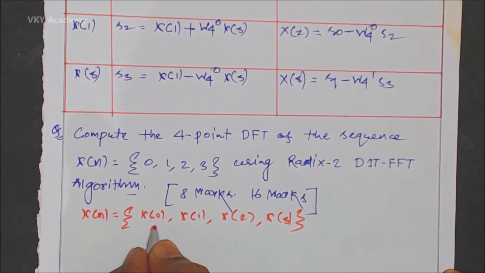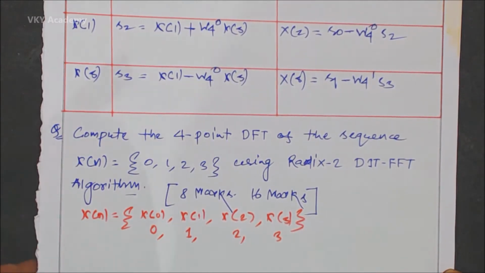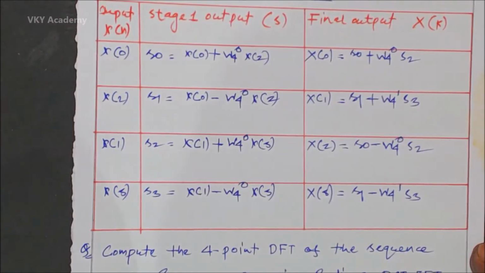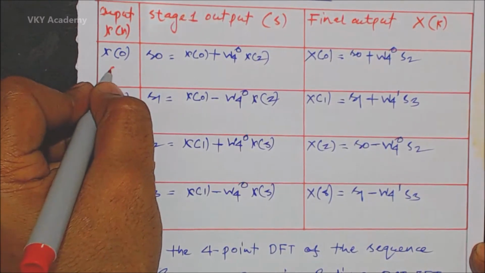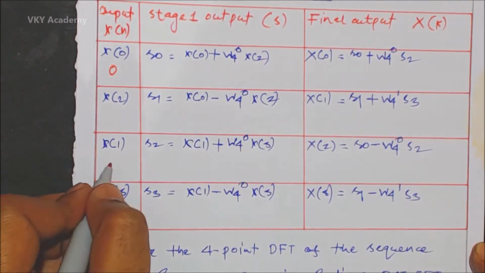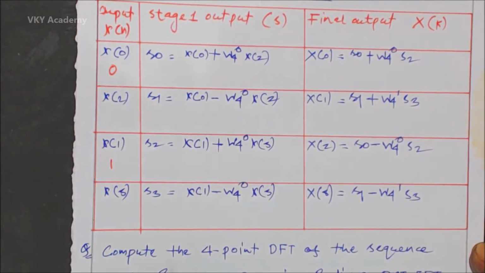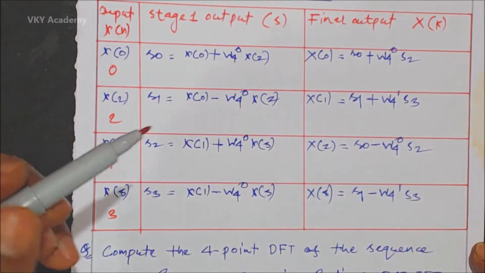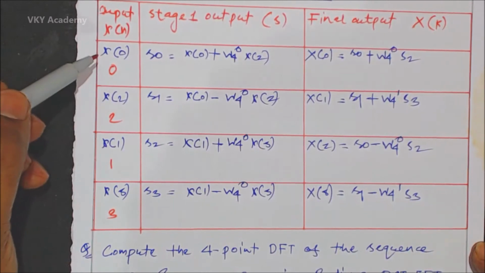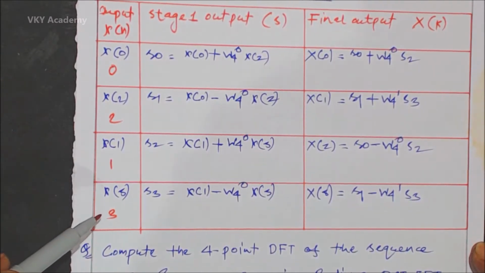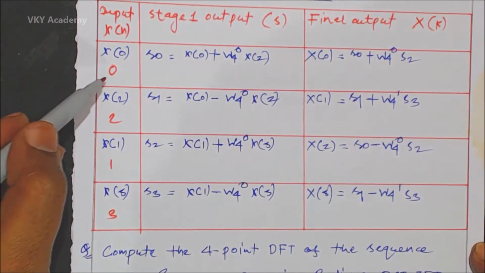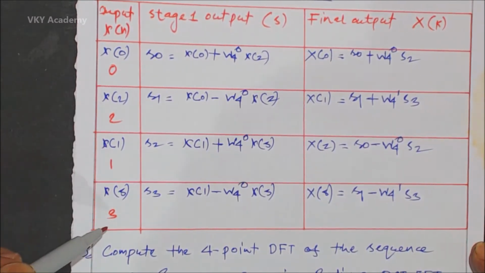So small x of 0 is 0, small x of 1 is 1, small x of 2 is 2, and finally 3. We always need to remember that the inputs are in time reversal order. So the values are 0, 2, 1, 3.